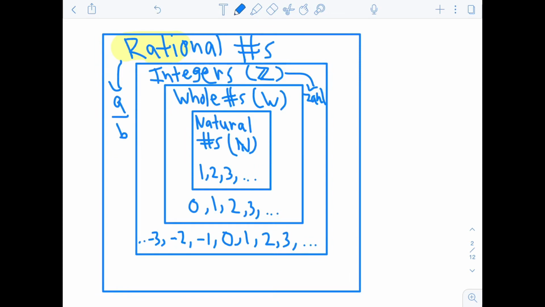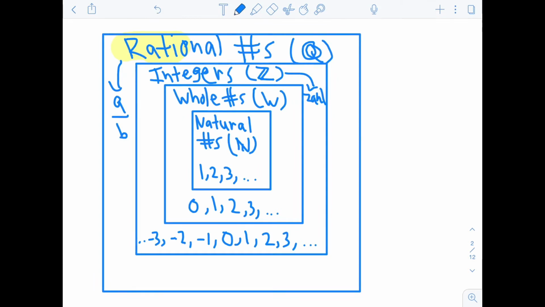So it's basically a ratio between two integers, where b does not equal 0, because you can't divide by 0. So the symbol for this is also kind of weird, because we're going to save the R for later. So this one is a Q. The reason why is because when you're dividing something, the result is the quotient. So that's where you get the Q from.